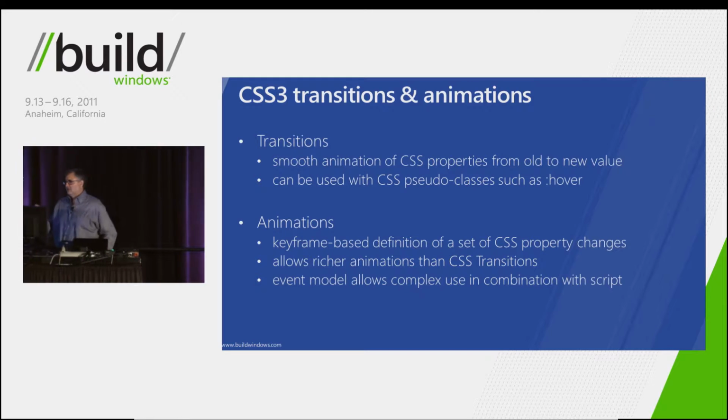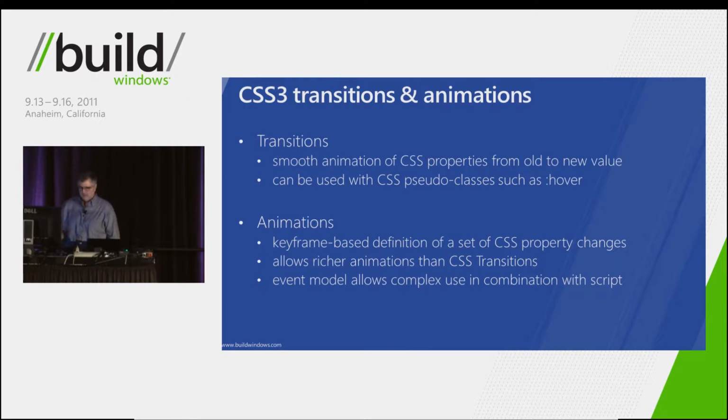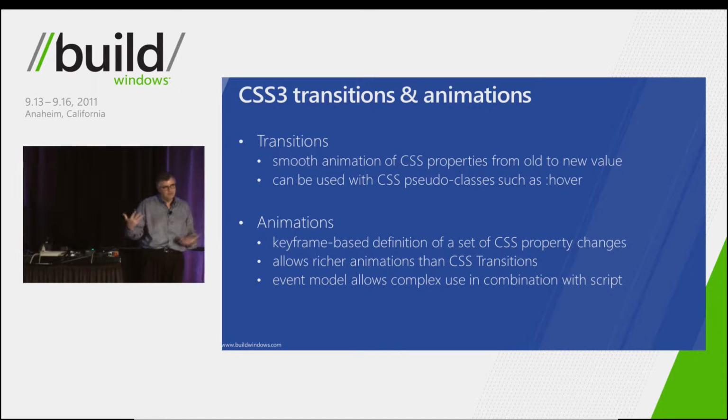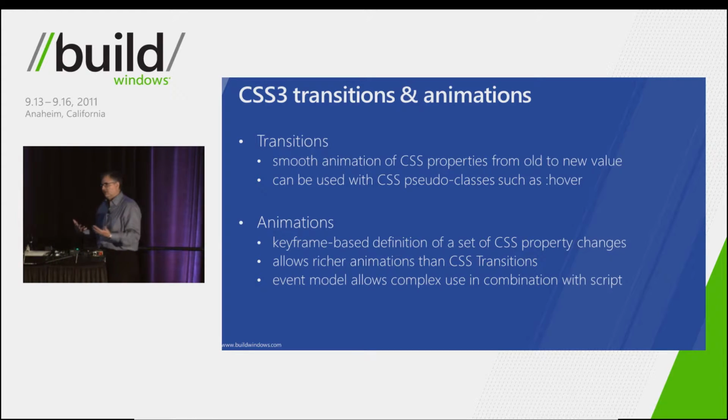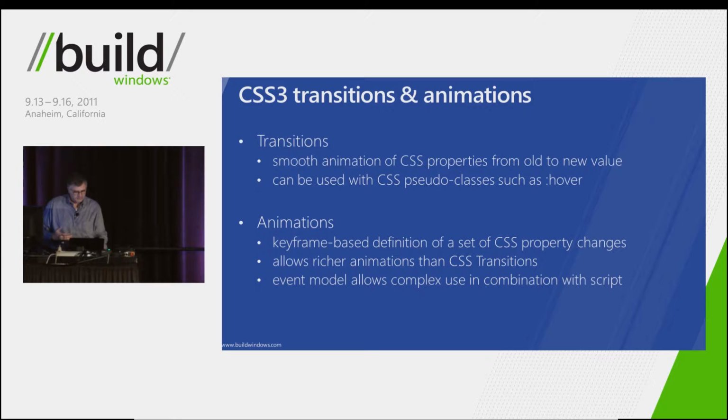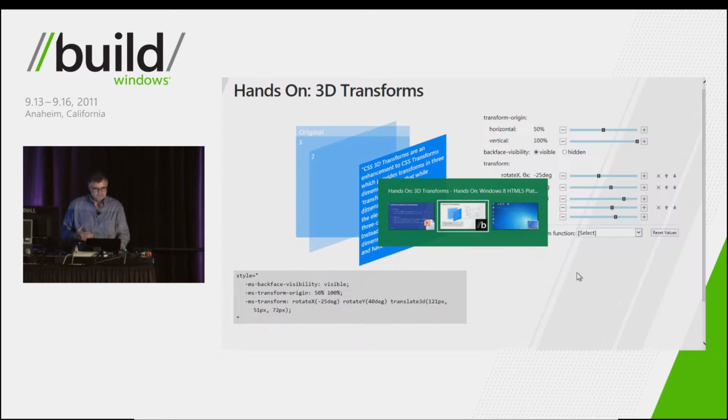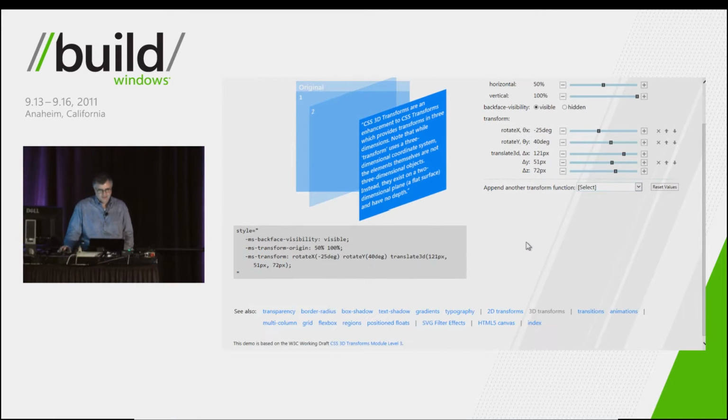Yet, simple transitions are super valuable if you just want to provide some user feedback. And they can all be used with the pseudo class of hover. So you can hover over an element, have it apply new properties. If those properties are being transitioned, it'll smoothly go to those new properties, create some fun effects, and we'll have a little demo of that in a moment. So let's get hands-on with these things.